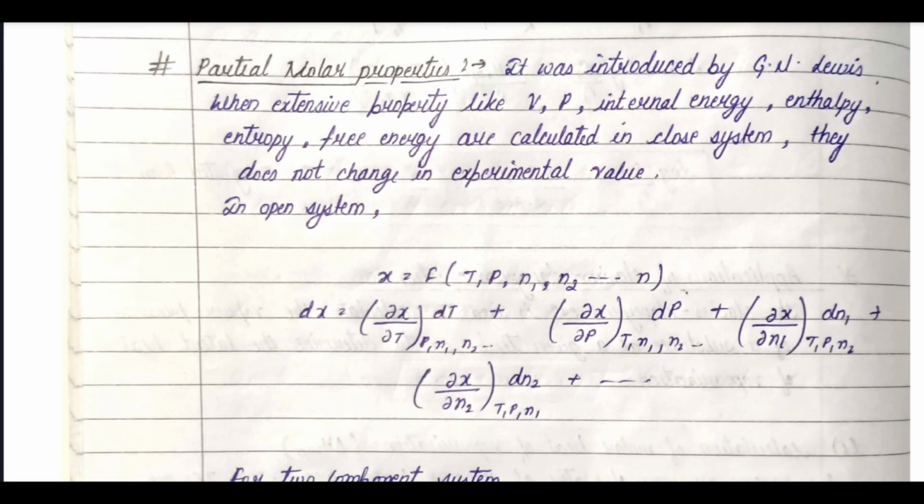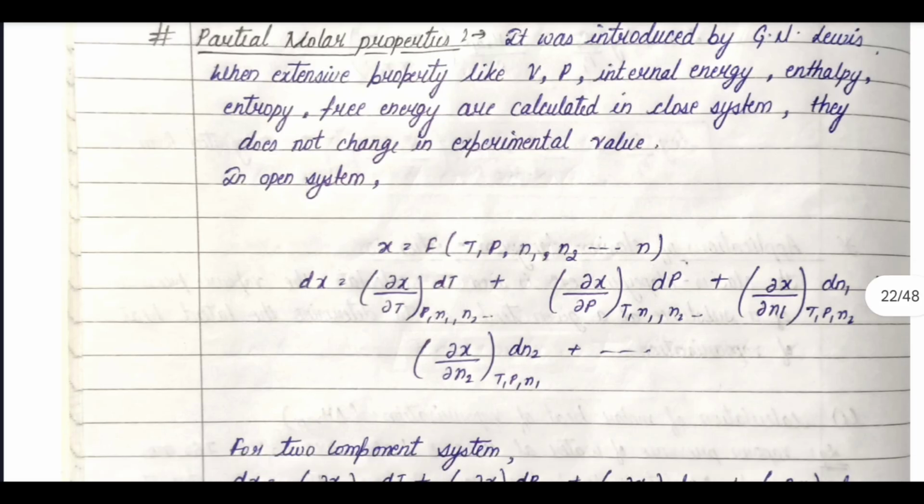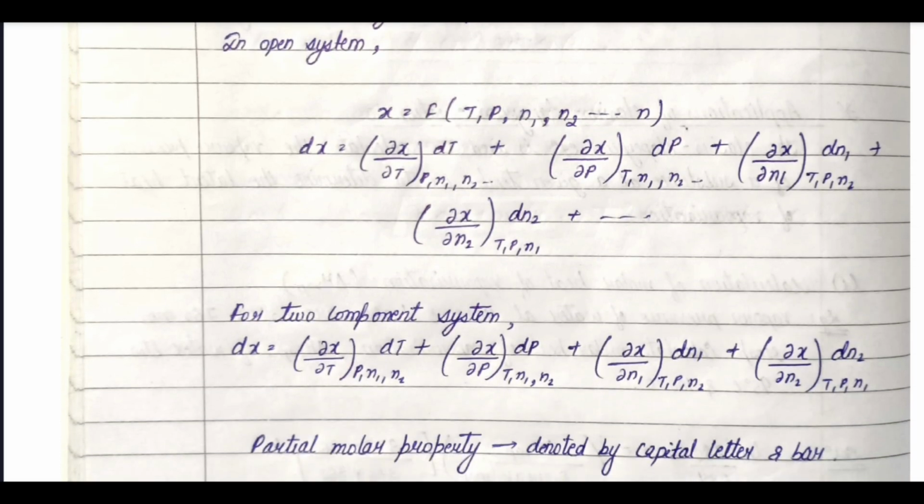Partial molar properties. It was introduced by Lewis. Extensive properties like vapor pressure, internal energy, enthalpy, entropy, free energy are calculated in a closed system that does not change in experimental value. In an open system, X acts as a function of temperature, pressure, n1, n2 up to n.